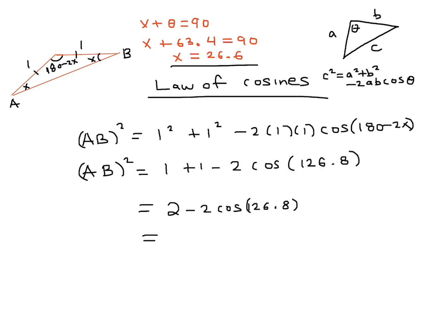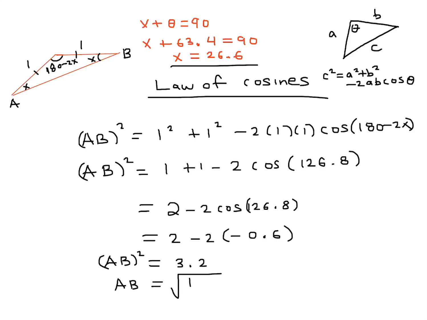Get out your calculator and you'll get, this is 2 minus 2 times negative 0.6 approximately. So this looks like 3.2 is AB squared. And therefore AB is going to be the root of 3.2. So it will be the root of 16 over 5, because 3.2 is 16 over 5.